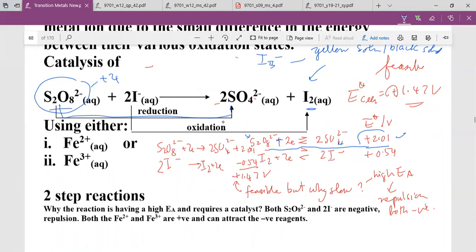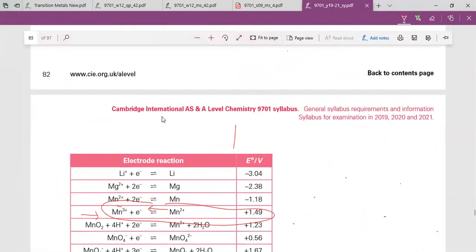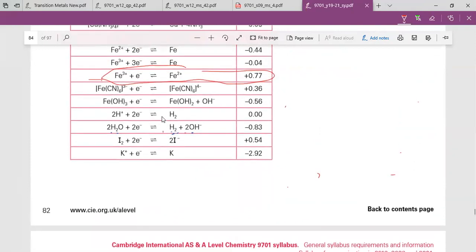Here I'm quoting the original I2 plus 2e, a reduction one. I2 here, reduction is there, plus electrons go here, plus 0.454.